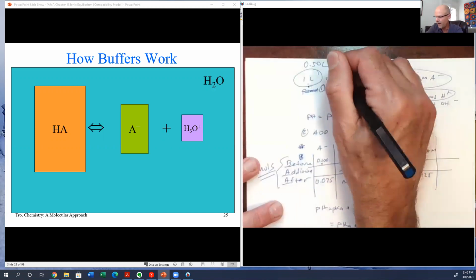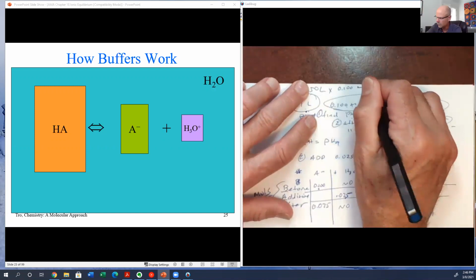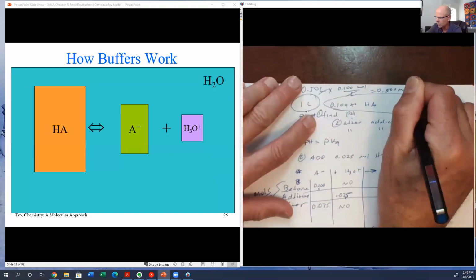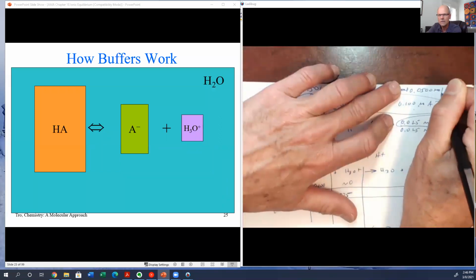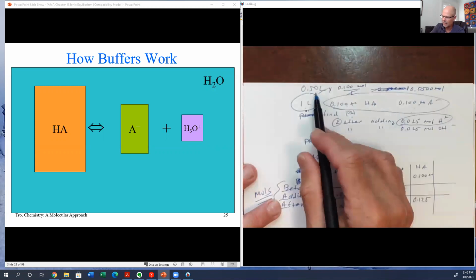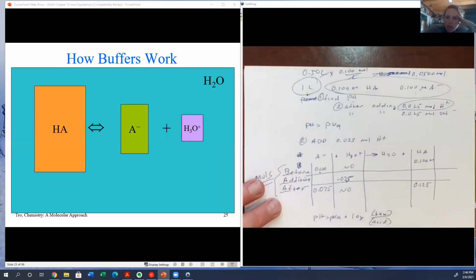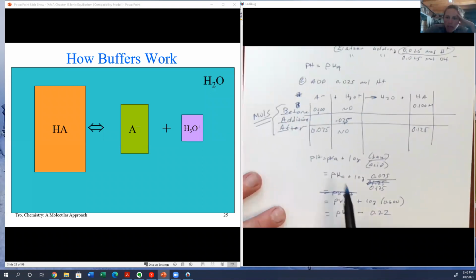Then I'd go, okay, 0.5 liters times 0.100 moles per liter would give me 0.0500 moles. So if I didn't have exactly 1 liter, I would just have to figure out the moles, and then we would use that in place of our 0.100 molarity.